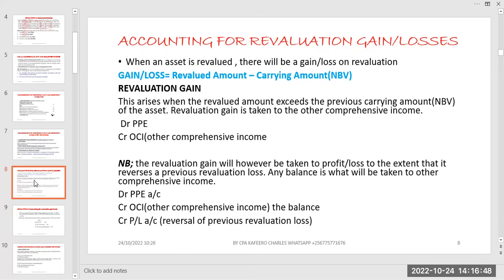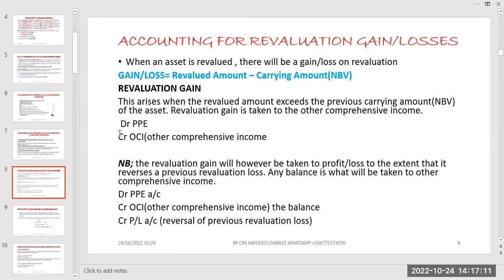It is the carrying amount because by the time we do the revaluation, depreciation has already occurred. From initial measurement, we measure assets at cost, but subsequently we deduct the accumulated depreciation and the impairment losses that may happen.